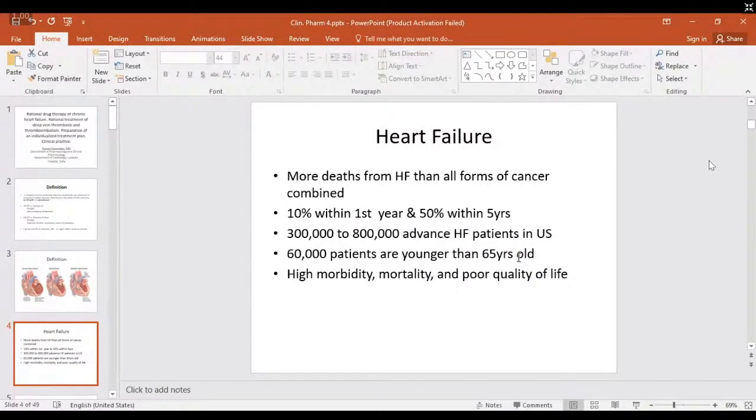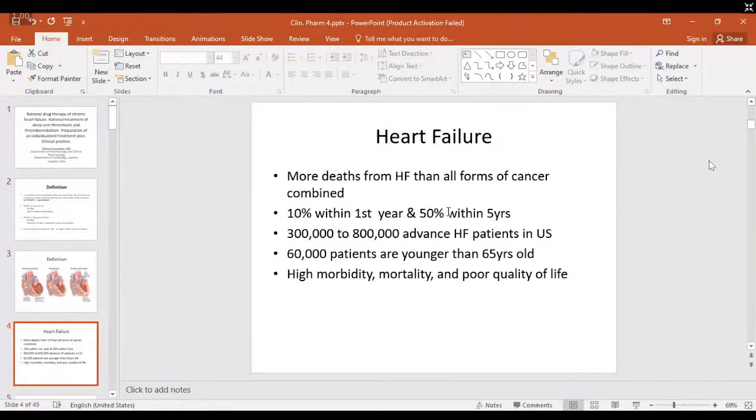I think we talked about the mortality from heart failure in 5 years, and this is really a huge percent, at least in my opinion. So 50% of people with heart failure are going to die in 5 years, and this is even more than some forms of cancer. And heart failure, as you know, is not a very rare disease.